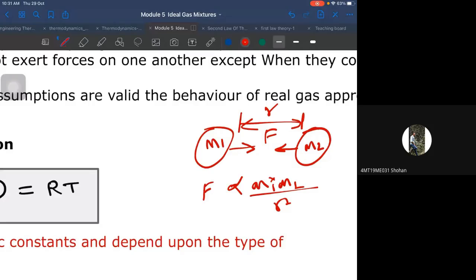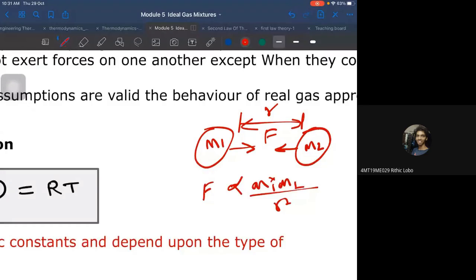Whether the molecule has a mass or not. Yes, sir. So molecules have a mass, is it? So when molecules have a mass, does the force of attraction between the molecules exist or not?